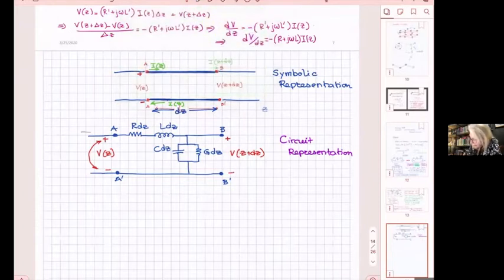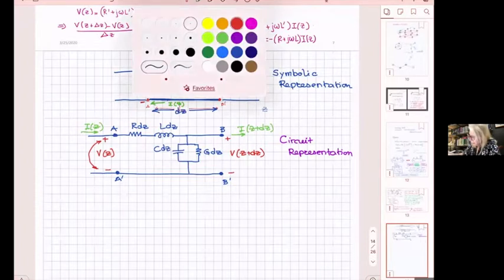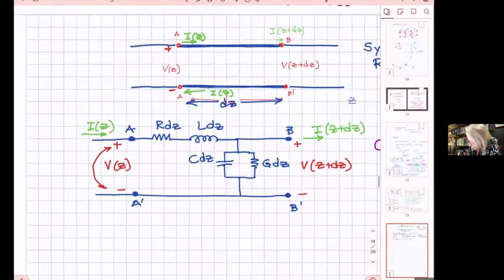The current here is going to be at AA prime. It's going to be I of Z, and here in the output is going to be I of z plus dz. A lot of times we are going to show the voltage at AA prime and at BB prime.